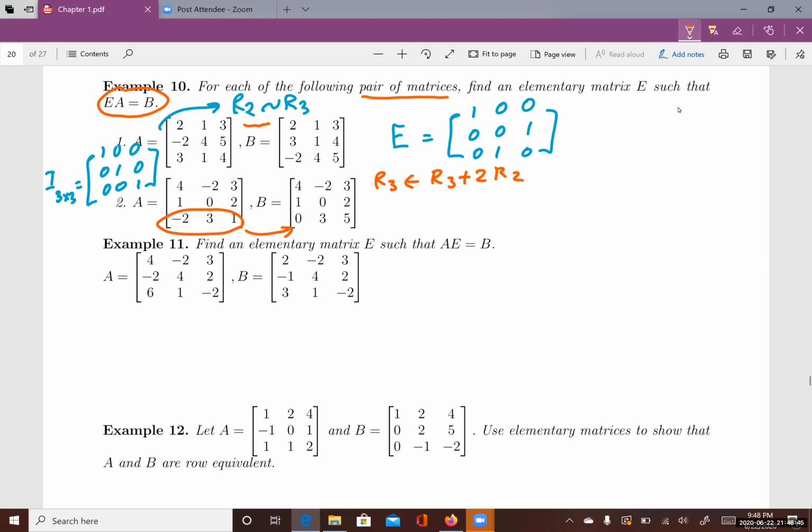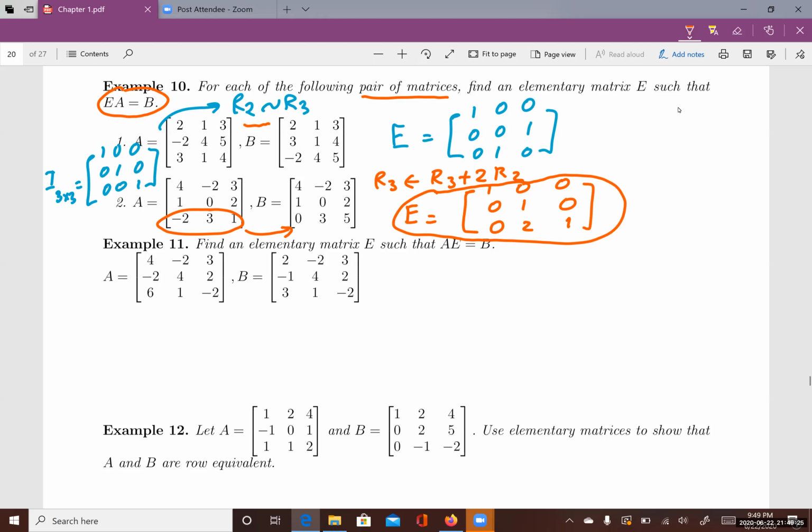So E is going to be: the first row and second row stay the same, and the third row will be row 3 plus 2 row 2. So 0 plus 0 is 0, 0 plus 2, and 1 plus 2 times 0 is 1. This is the elementary matrix E that, when you multiply E to A, you get B.